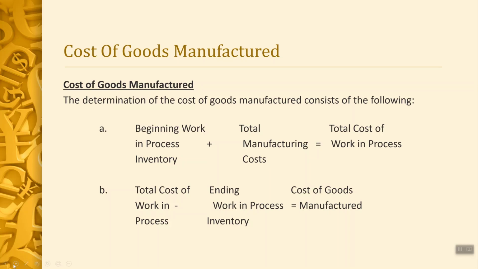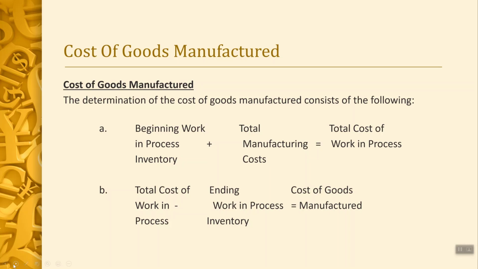So assuming that on the first day of the year, say January 1, 2021, your company had some furniture in various stages of production. In total, all these partially completed manufacturing units are what we call the beginning work in process. So furniture that was worked on during the previous year, 2020, but is not yet completed, but we're going to complete it in 2021.